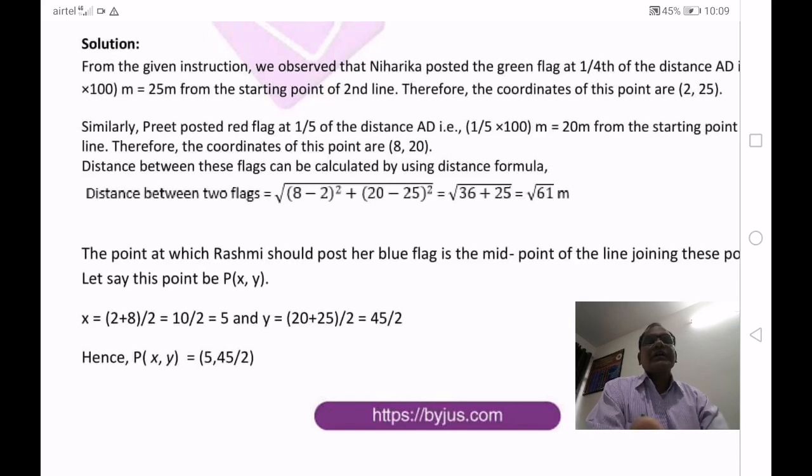Therefore, at the position of the fifth line and 22.5 on AD, she is going to put her flag between these two flags.